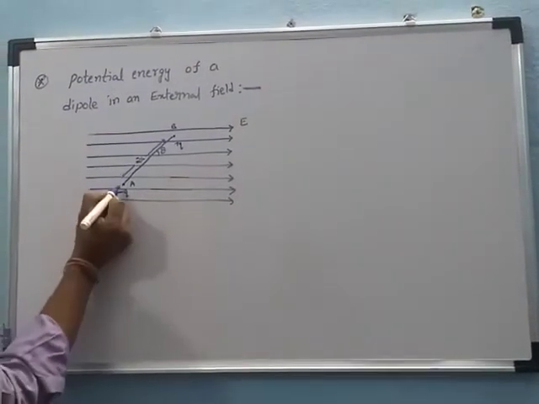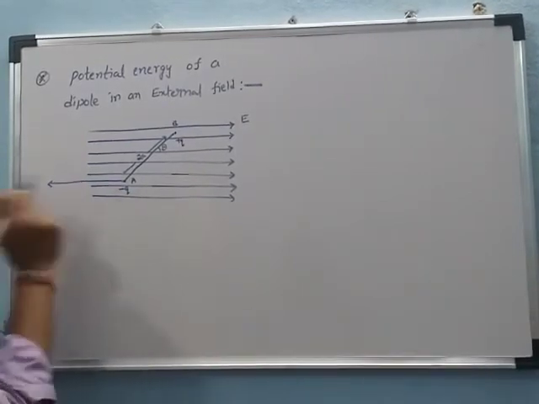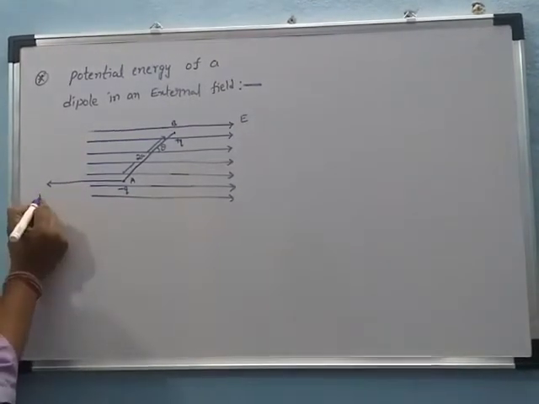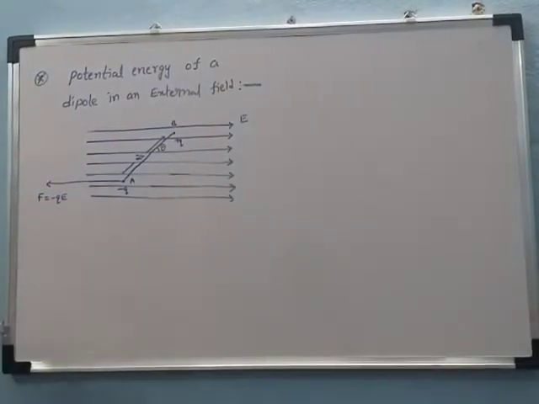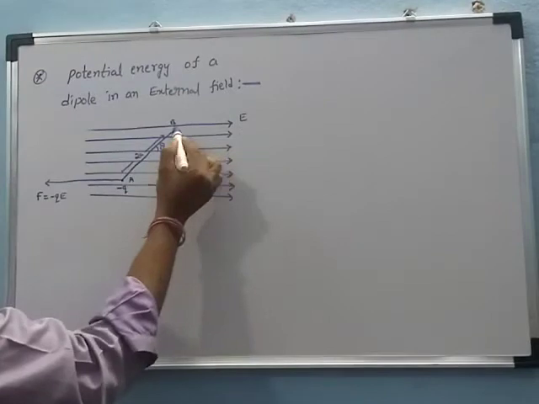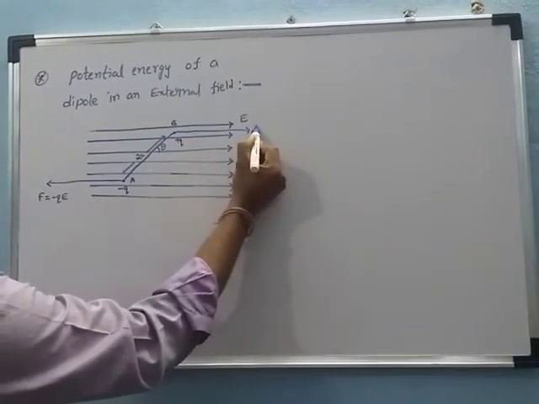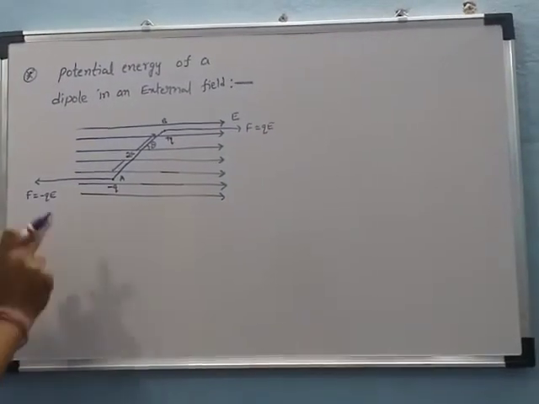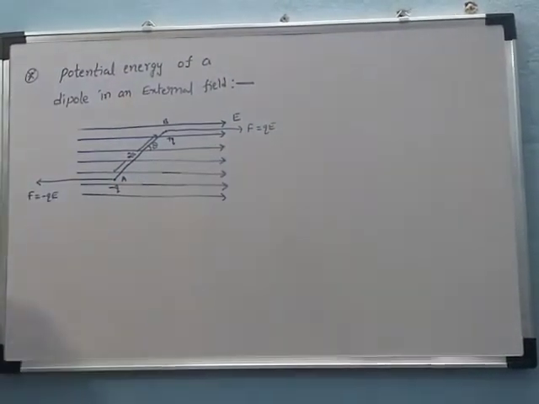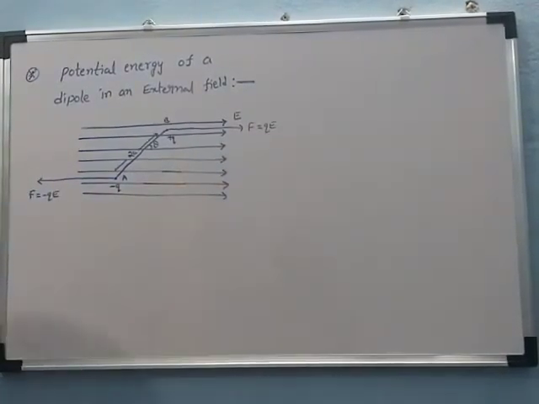The force acting on the negative charge is opposite to the electric field, that is F is equal to minus QE. The force acting on the positive charge is along the electric field, that is F is equal to QE. Both forces have the same magnitude but act in opposite directions.